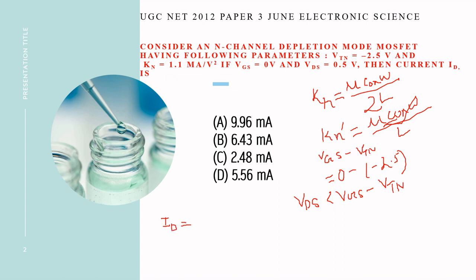We write Kn prime, okay, third bracket, VGS minus VTN, okay, into VDS minus V square DS divided by 2, third bracket close.